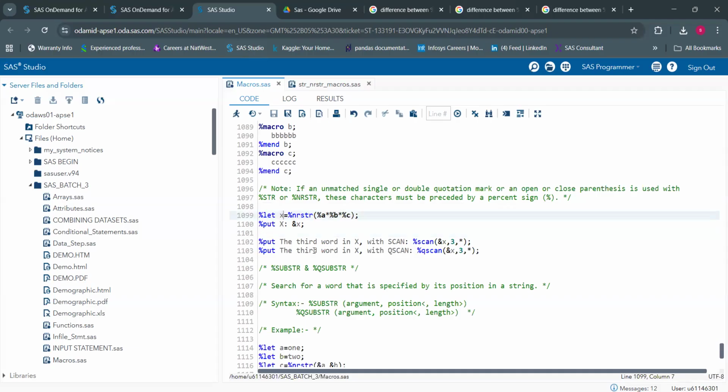What I'll do is make sure it's Y instead of X, because SAS already stored a particular value.